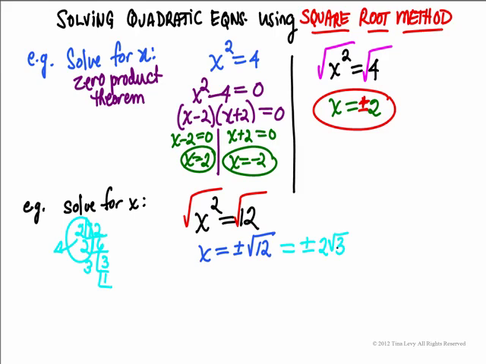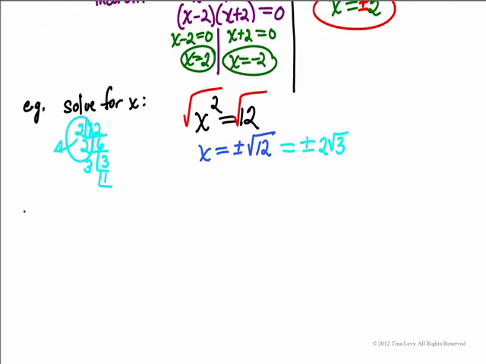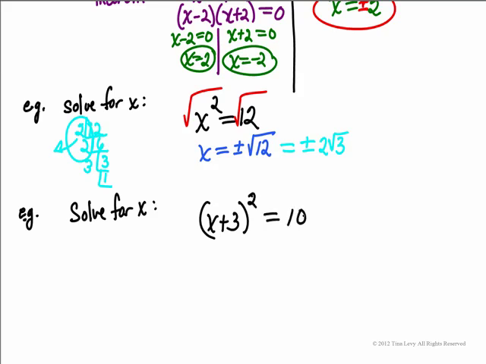We can now extend this method a little further. We can say solve for x. Let's say, suppose I say quantity x plus 3 squared equals 10. This is a perfect setup for the square root method because of the square out front. So I take the square root of both sides. But square root and square undo each other, and I'm left with x plus 3 equals, and the whole key in this method is to write plus or minus and then radical 10.